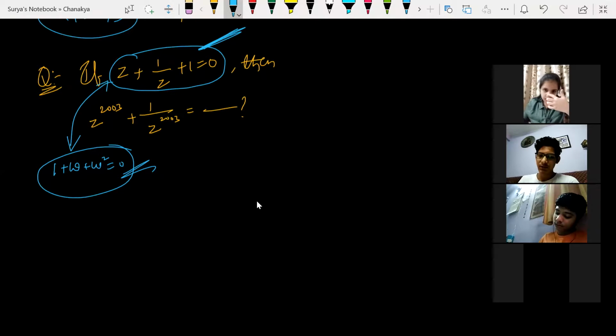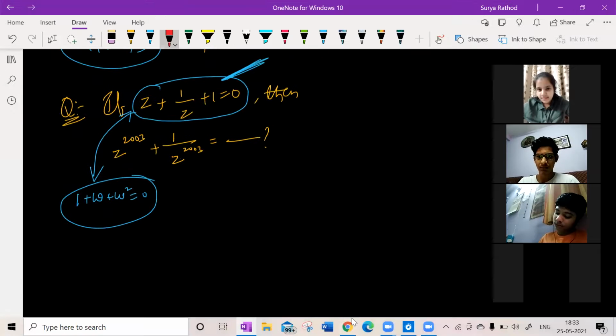So z to the power 2003, we can write it as z to the power 2002 into z. What's your name? Tanvi. Oh, Tanvi, please. Then 1 upon z to the power of 2003 can also be written similarly.